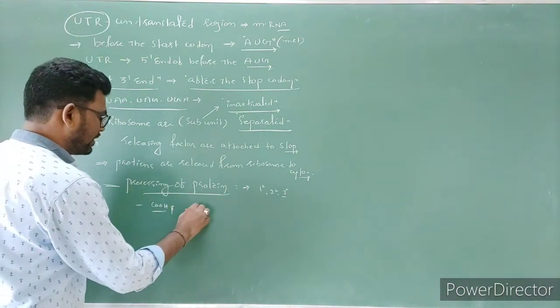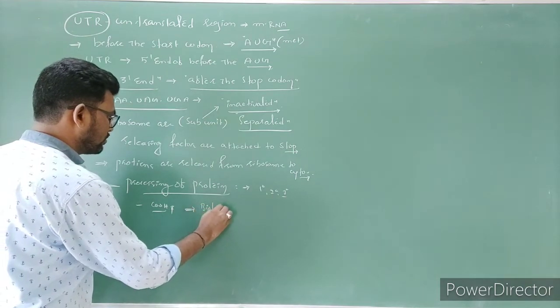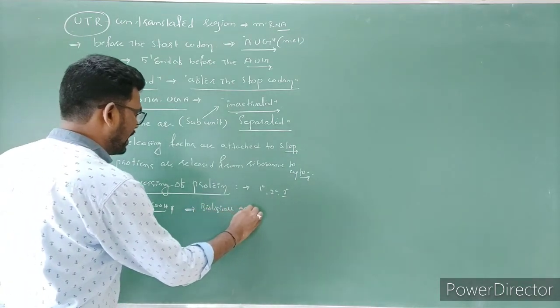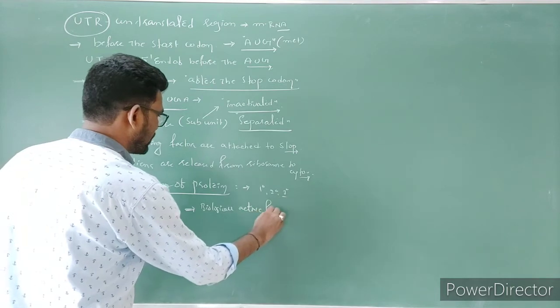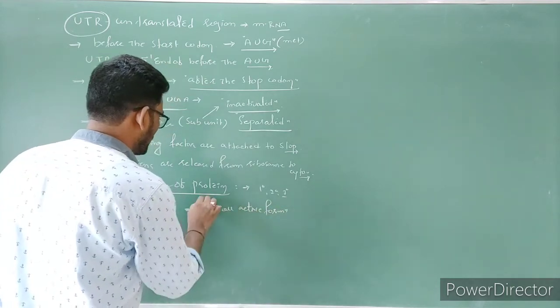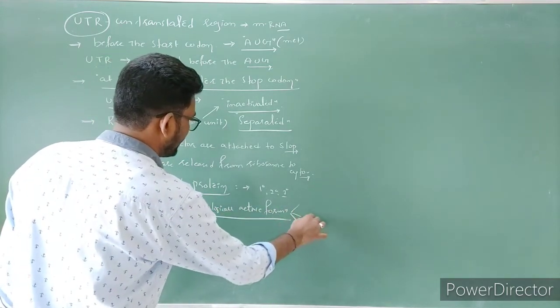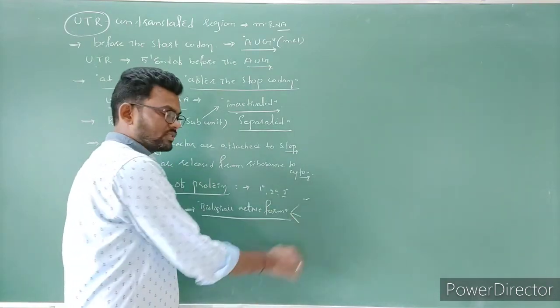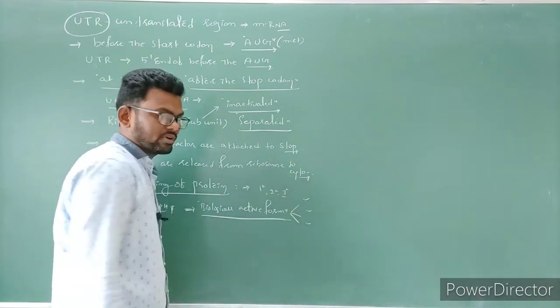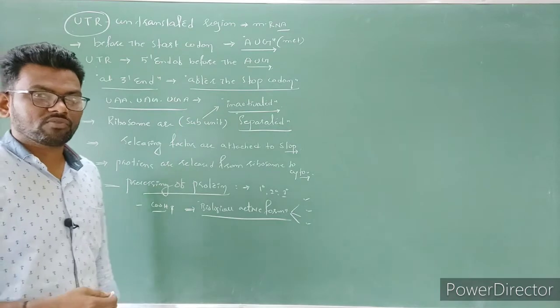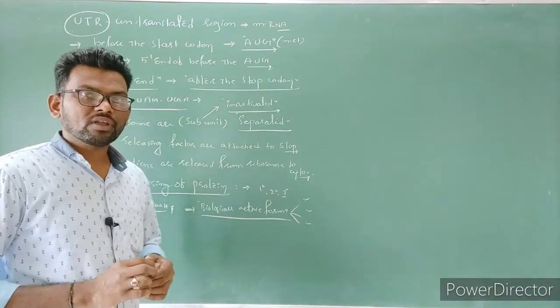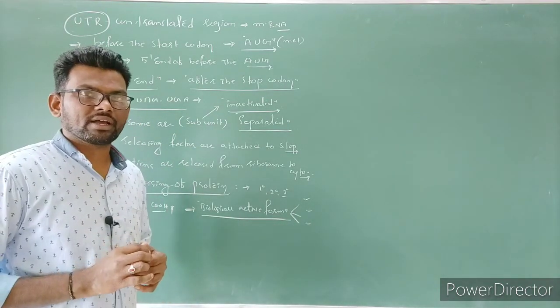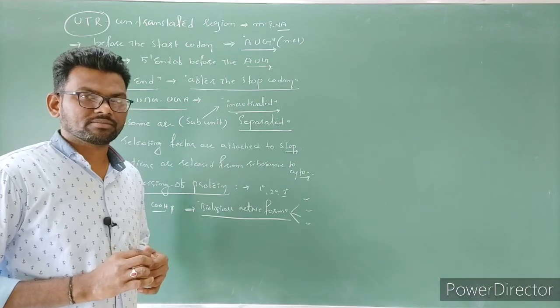Now the biologically active form of proteins is formed, which are going to perform different functions. Maybe enzymes, maybe carriers, maybe structural proteins, maybe useful for construction of the cell. Okay, so this is the entire information regarding protein synthesis.